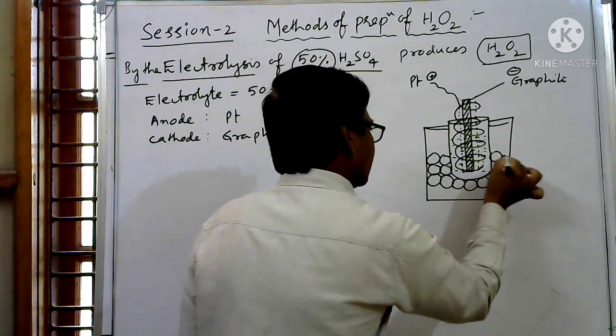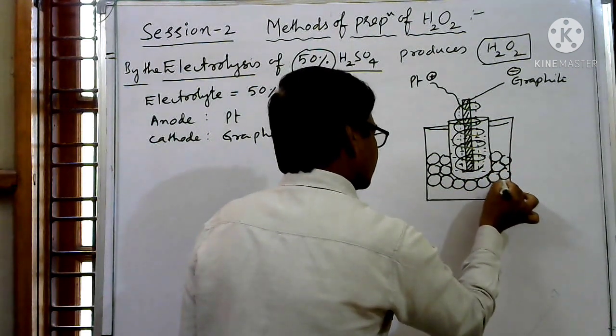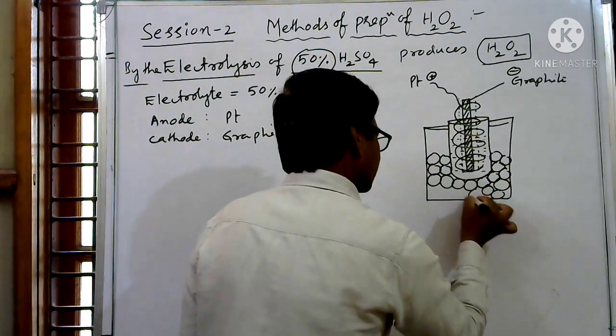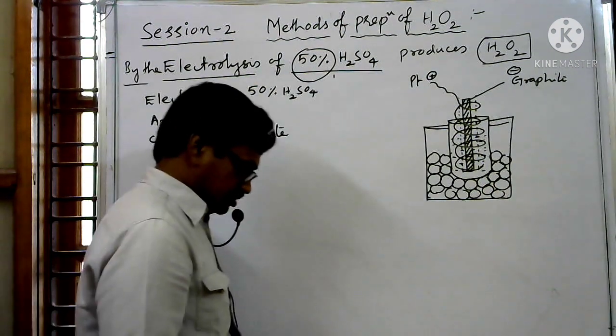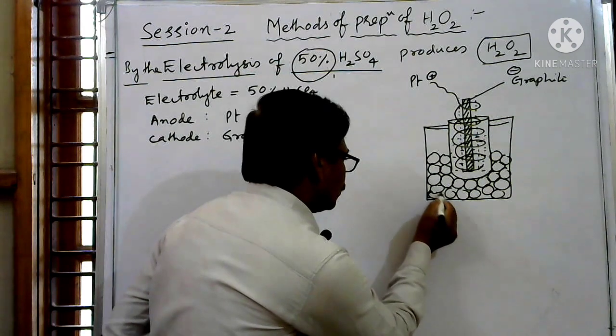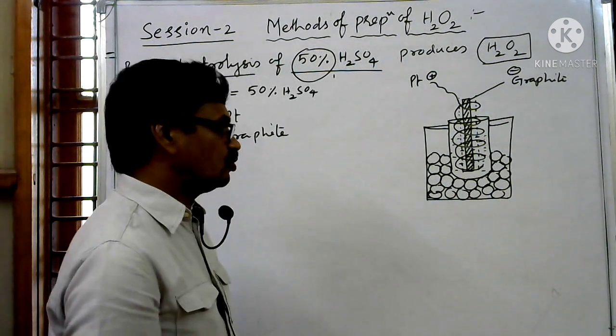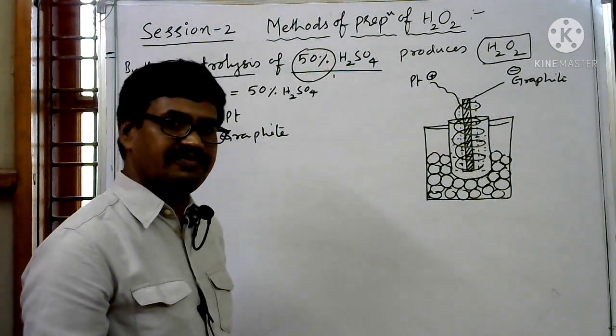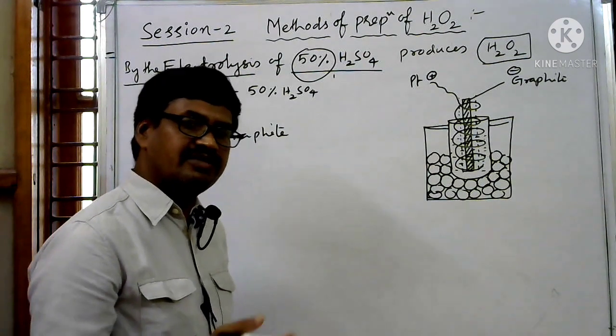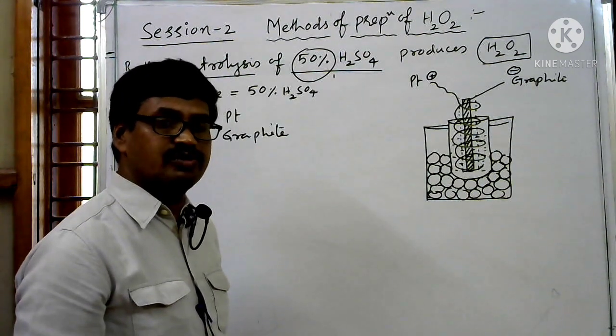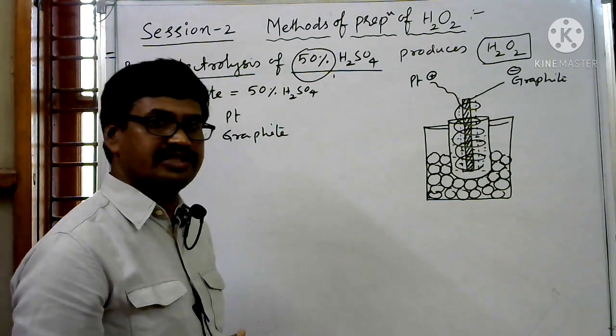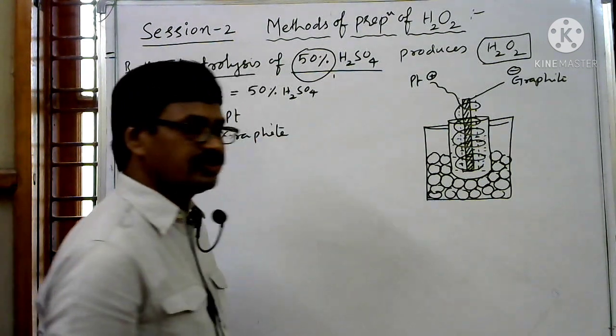These ice cubes maintain 0 degrees centigrade. Otherwise, if a somewhat higher temperature is used, there is a chance of decomposition of hydrogen peroxide. So ice cold conditions we have to use.